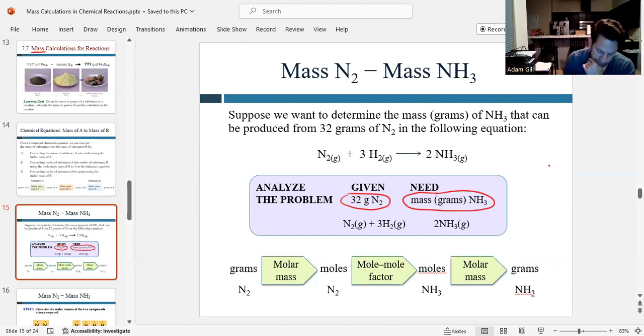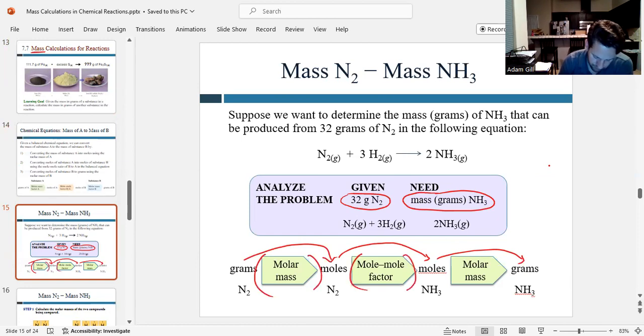So we're going to start with grams of N2. We're going to go to moles of N2. Then we're going to go to moles of NH3, and then we're going to go to grams of NH3. And so we're going to have 3 conversion factors to do this.